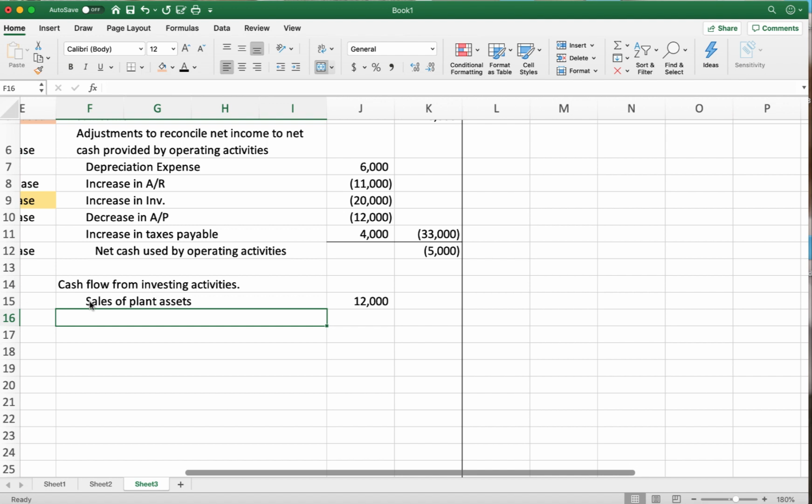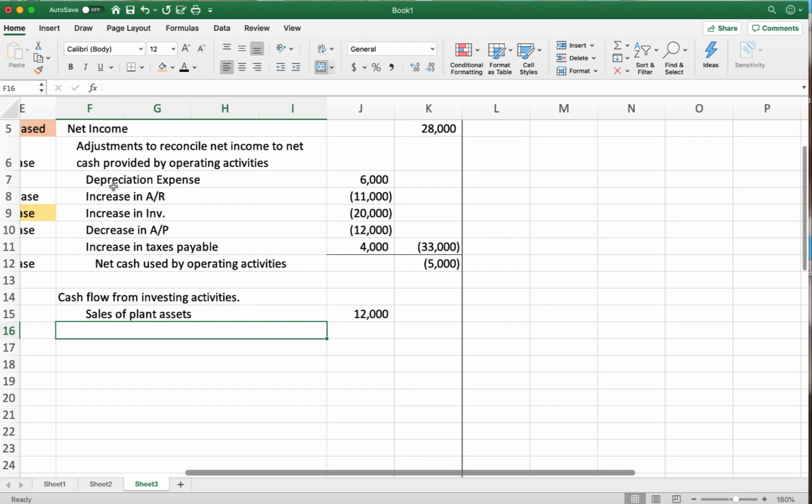Problem's going to tell you. You had a gain of $3,000 or you had a loss of $3,000. Okay. That gain or loss is going to go up in our operating section. We don't have a loss, so we can just forget about it, okay? And then the next one we have is they told us that we purchased equipment.